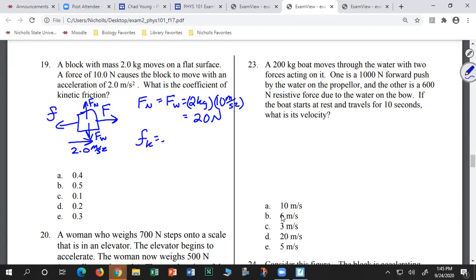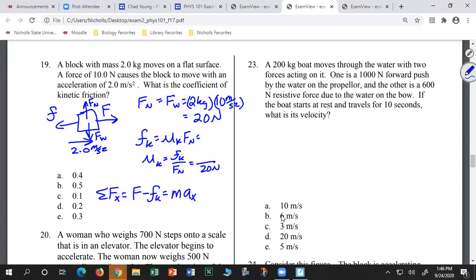I did that because I need to know the normal force in order to find the frictional force. So Fk is equal to mu k times Fn. Oh, no, I need to know what mu k is. I'm sorry. So mu k is equal to Fk divided by Fn. Now I know Fn is equal to 20 newtons. I need to find Fk. To find Fk, I say the sum of the forces in the x direction is F minus Fk, which is equal to the mass times the acceleration in the x direction.